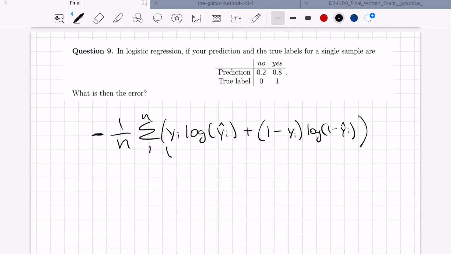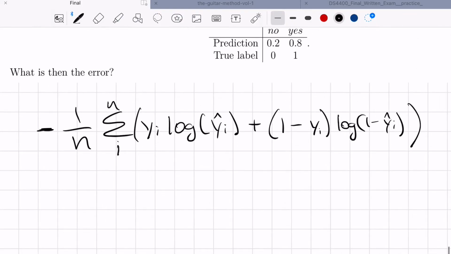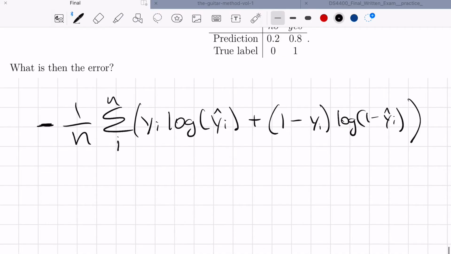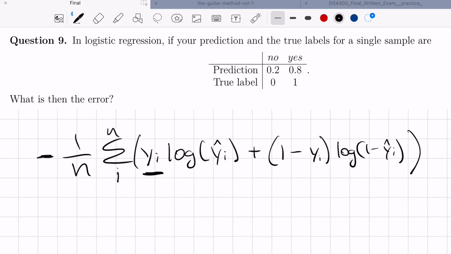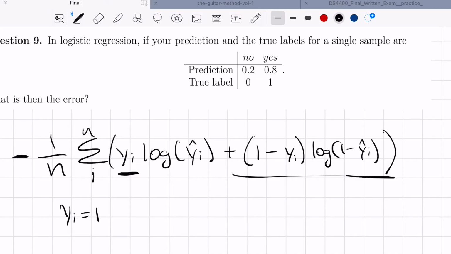But if we look at the main component, the reason this is an error is, if y_i is 1, because our labels are going to be either zeros or ones, then this term gets zeroed out, because 1 minus y_i is 0. So we don't care about this term, assuming y_i is equal to 1.